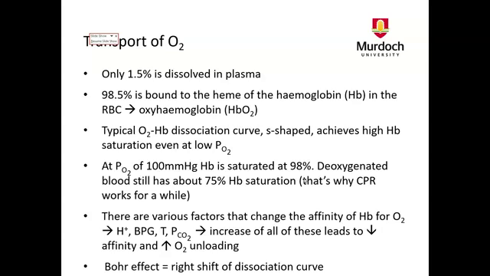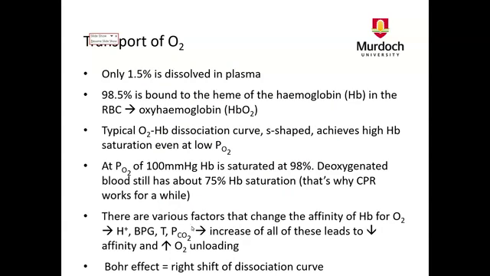So even if we don't have our respiration working, as long as we've got circulation of that blood, we still have quite a bit of oxygen that can go around. That's what we use in CPR. We don't necessarily have to ventilate to start off with. As long as we keep it circulating around, we can still get some oxygen to the tissue.